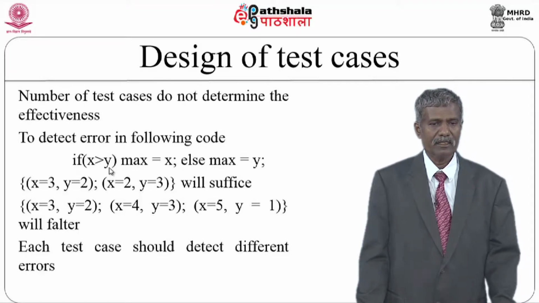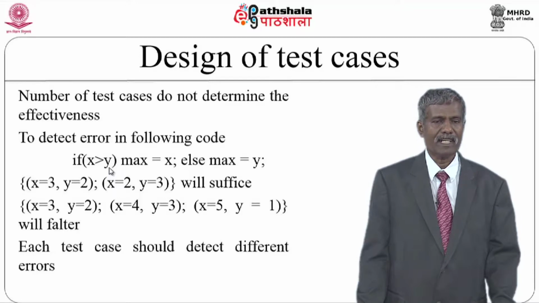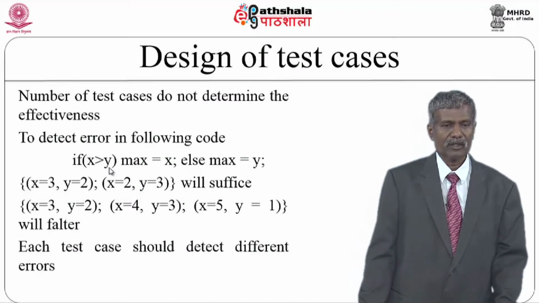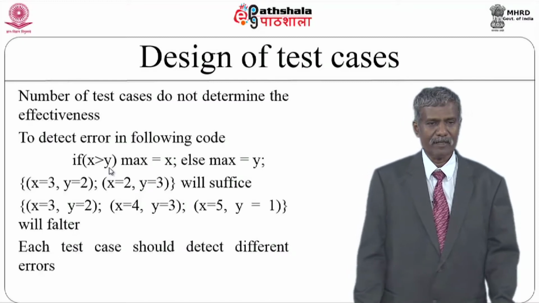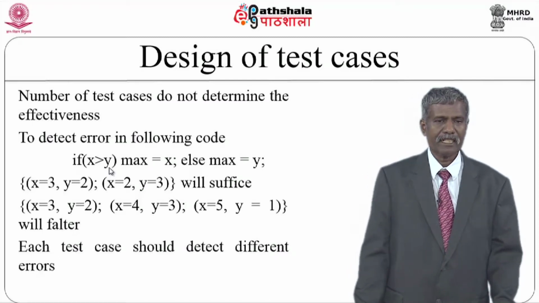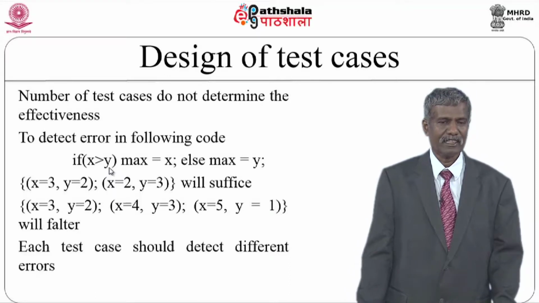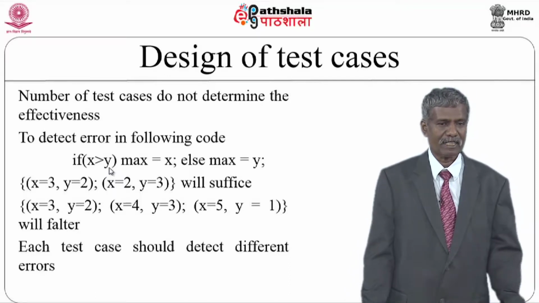Each test case should detect a different type of error. Here we are checking only whether x is greater than y. You can also test the type, for example integer, float, conversion, and so on, by having different types of test cases.